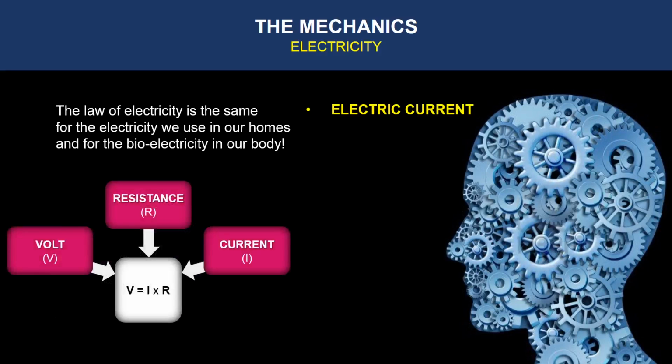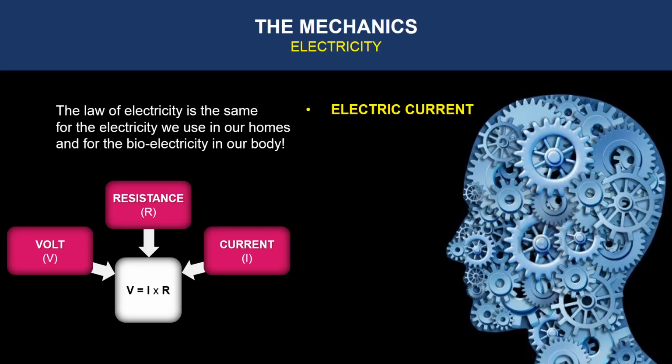So you have volt, resistance, and current. These are the components, and electricity has a big role to play in metabolism, in upsetting metabolism, and also in regulating and normalizing metabolism.